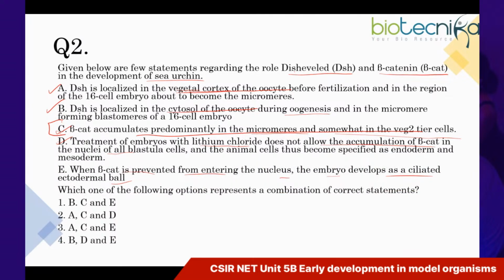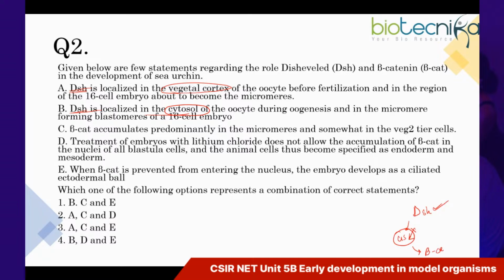Then next we have to see between A and B and D and E. So DSH, whether it is localized in cytosol or in vegetal cortex. Now remember I told you the beta-catenin pathway, that wherever DSH will be activated, there GSK will be blocked, and that's why beta-cat will be free.